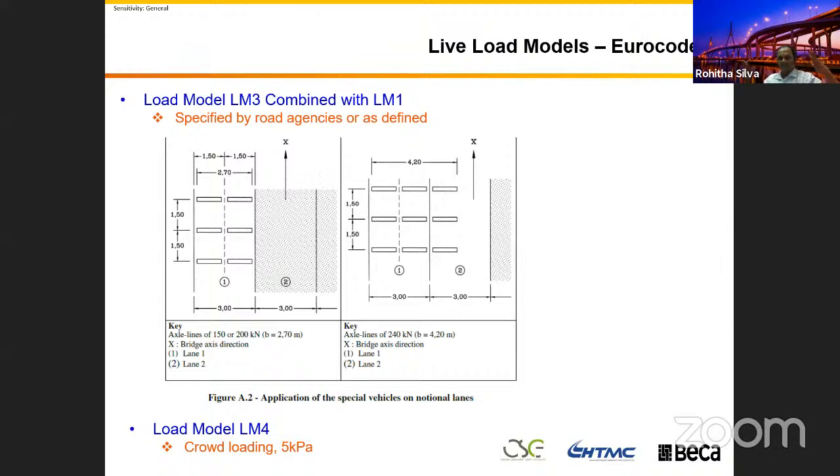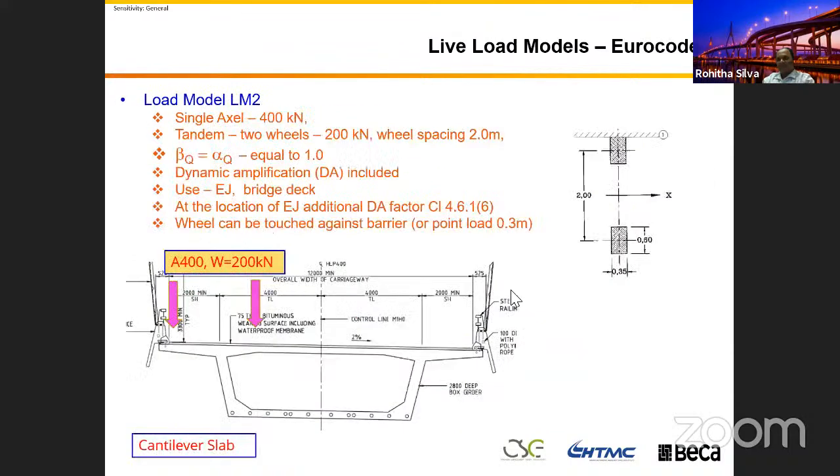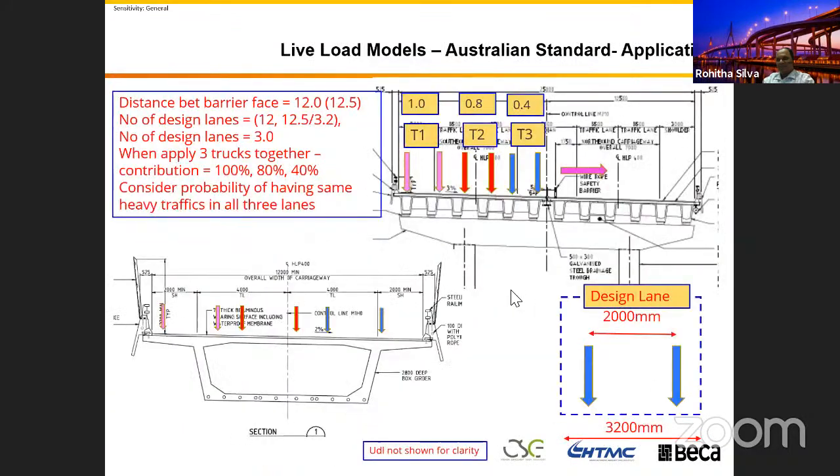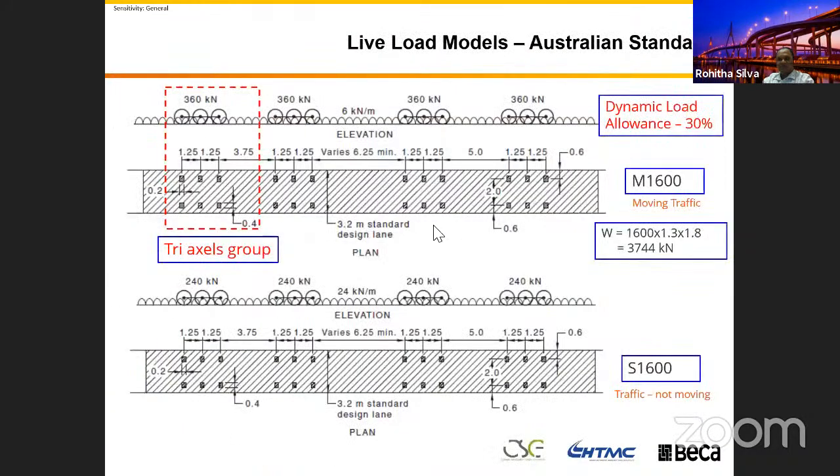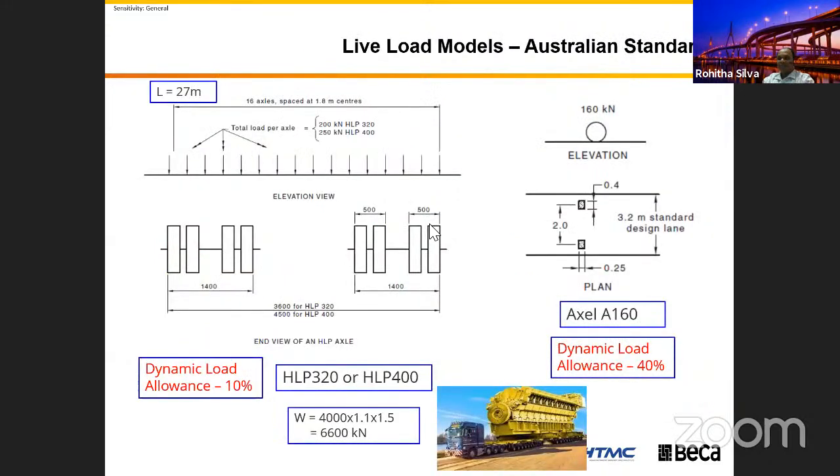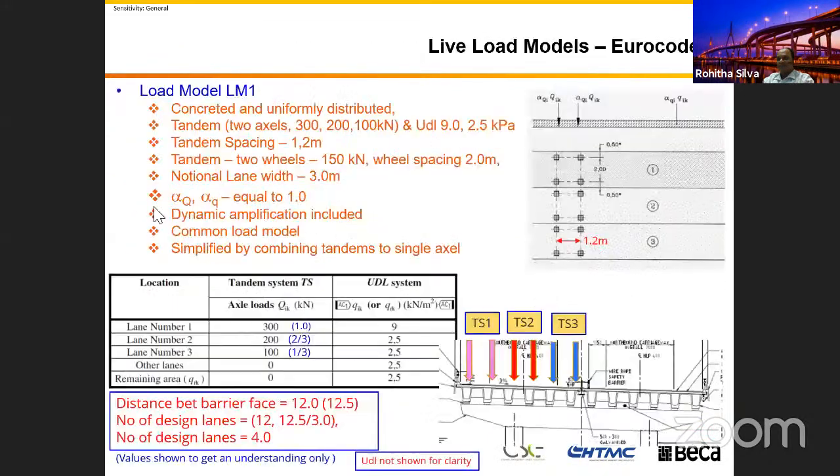I give you an idea why, when we were designing bridges, so many things we had to assume, this, that, but you can see the design codes make our life very easy. When you design based on the Australian standard, it is M1600. When you design using Eurocode, it is LM1.